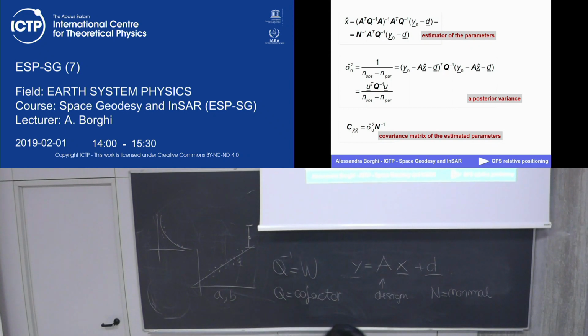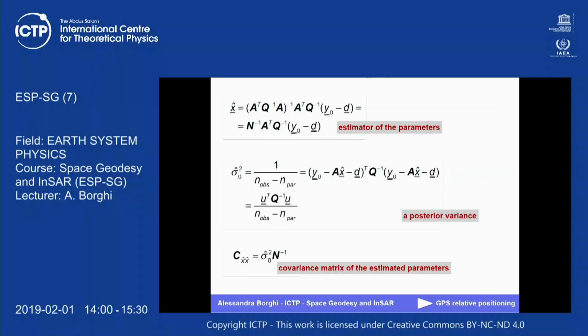I'm going to write on the blackboard to be sure. Sorry, there is a mistake. I'm going to correct it. So the a posteriori variance is given by the number of observations minus the number of parameters. This quantity is also called the degrees of freedom.